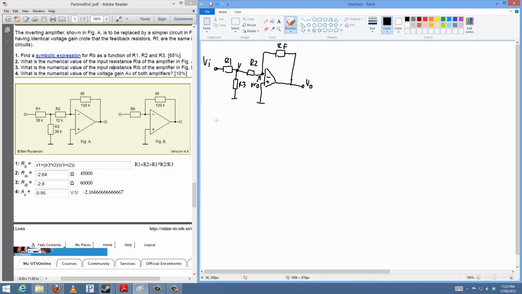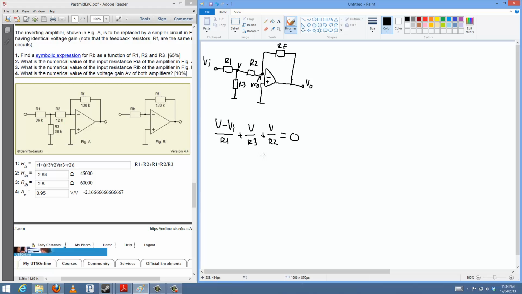We end up with V minus VI on R1 plus V on R3 plus V on R2 equals 0.